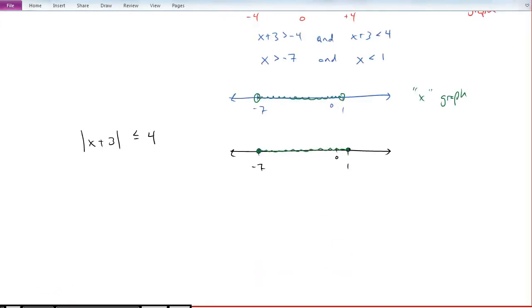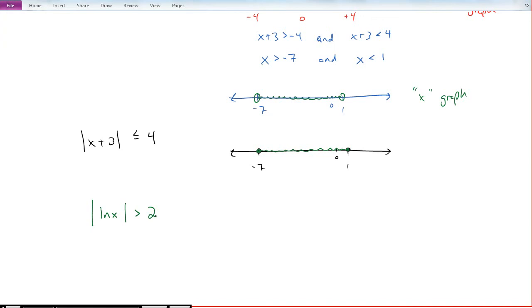And lastly, I don't want us to get too far from the fundamental understanding of the absolute value. So even if you were doing something complicated, like the absolute value of ln x is greater than 2, you don't even need to know what the ln function is or what a logarithm is.